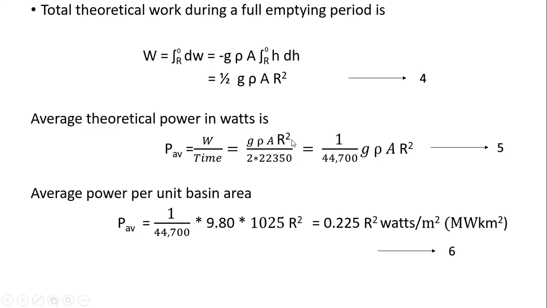So we are taking this for half a day, only 6 hours, though actually 12 hours will be there. So here W is 1 by 2 g rho A R square and the time is 22,350 seconds. That is equal to 1 by 44,700 g rho A R square.